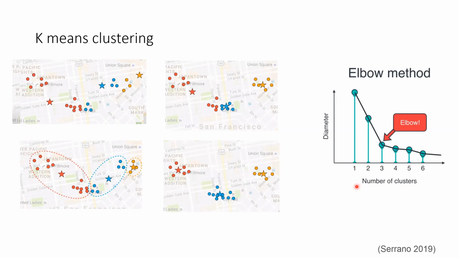So we have number of clusters on the x-axis, the diameter of each group on the y-axis, and we look to see where the change in cluster diameter begins to plateau. And so you can imagine, for this example, a fourth cluster might split this blue group into two groups here, but that might not be very informative or helpful for our analysis later on. So we want them to stay together.